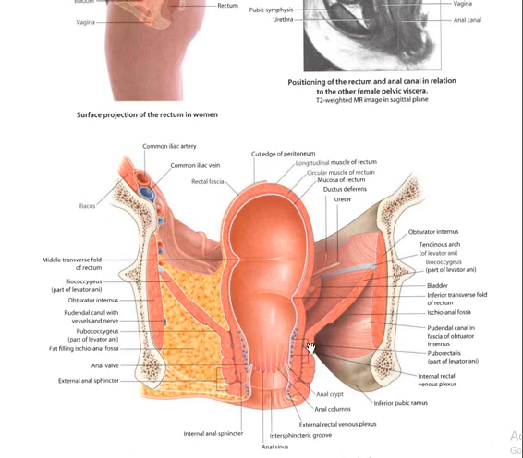So the puborectalis is here, and it is the muscle used for controlling defecation. There are certain times you want to defecate, and at a certain period of time you want to stop. You no more feel the sensation of defecation. This is because of the puborectalis muscle.